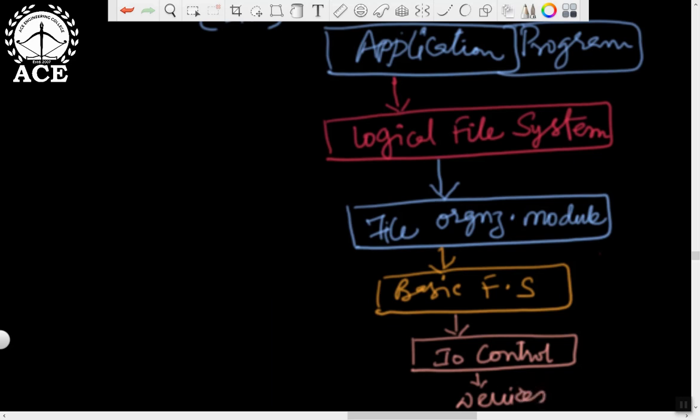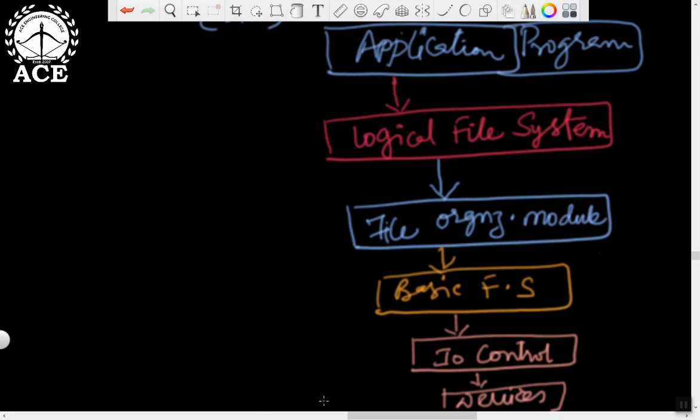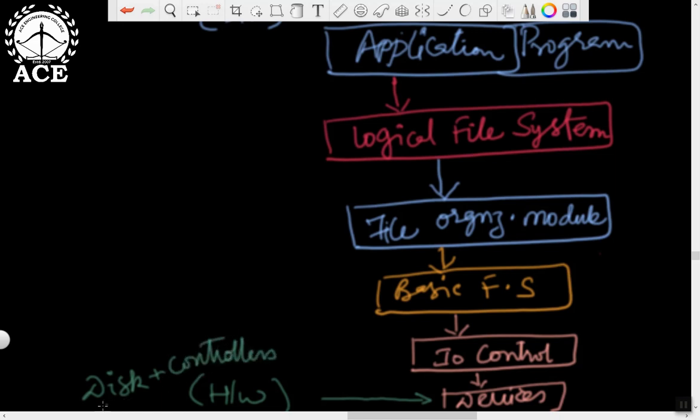So let's understand the functionality of this. What each layer does. Now here the devices mean this is the hardware. That means this includes your disk and its controllers. In the subject of CO you might have studied about disk controllers, DMA controllers and so on.